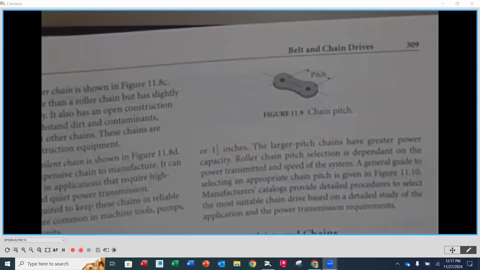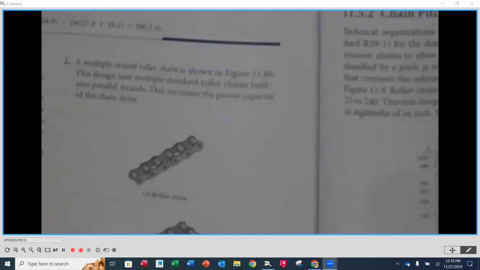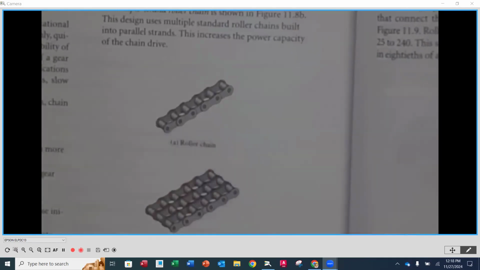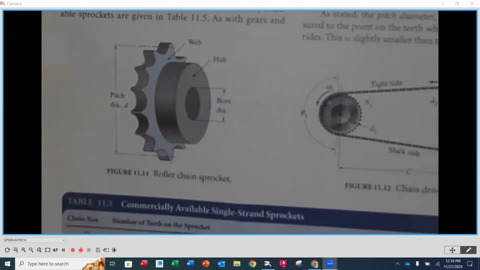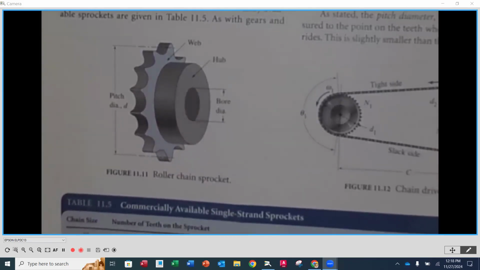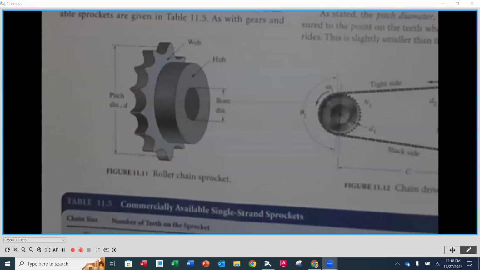Additionally, when we start talking about the chain and that pitch and how far those are apart, we turn the page back over here and we look at the sprocket, we are going to have to match up our sprocket to fit with the number chain that we're specifying for an application, okay?